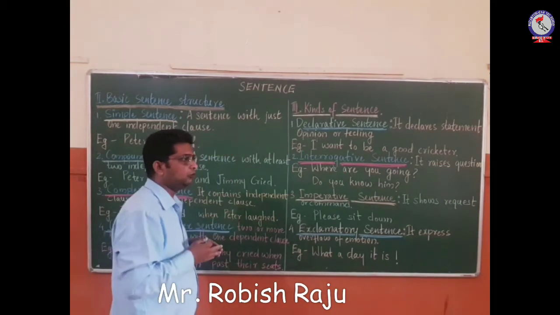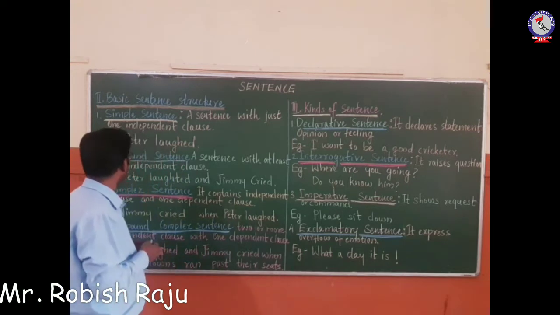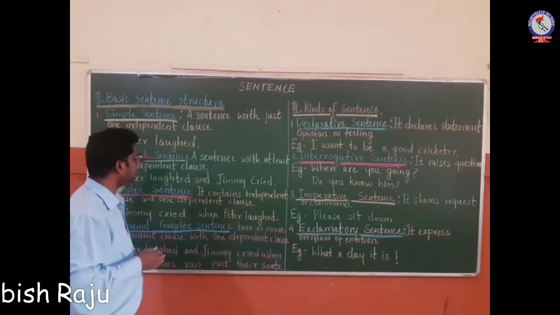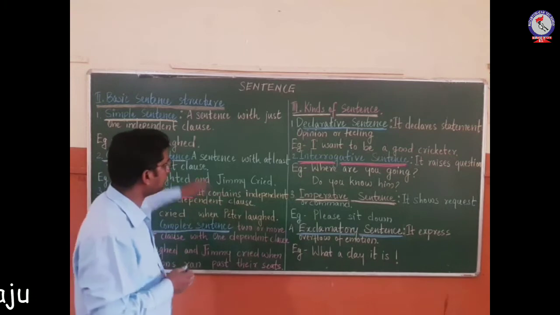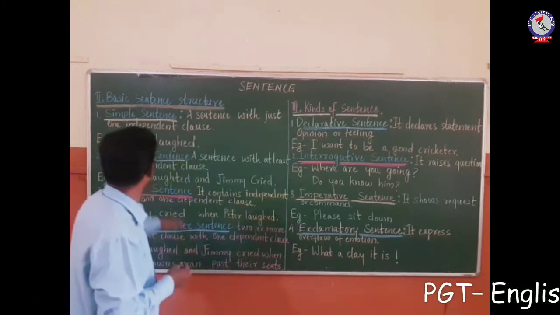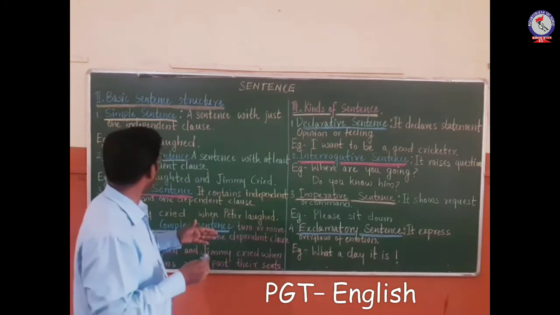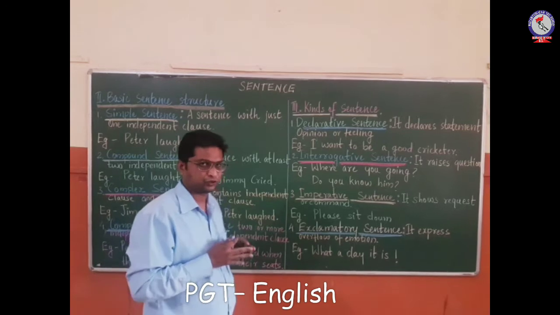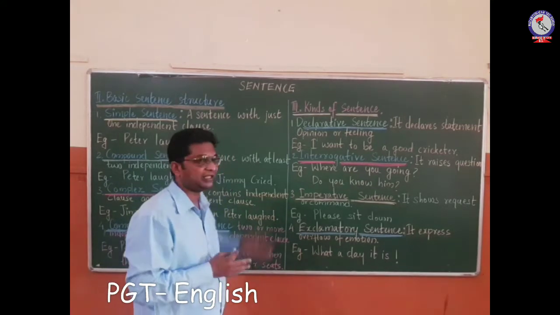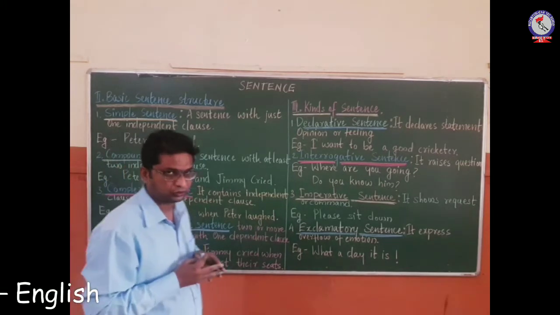Now let's move on to the second type of sentence structure. Compound sentence. A sentence with at least two independent clauses. In a compound sentence, there will be at least two independent clauses.